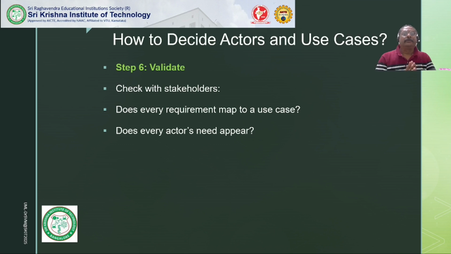So many things come in, so we verify whether every actor is really required to be put there. As a discussion we keep talking about that, is it really required? When we say user, it appears that the user is connected to every activity of the system, but no, the user is not connected with every activity of the system.